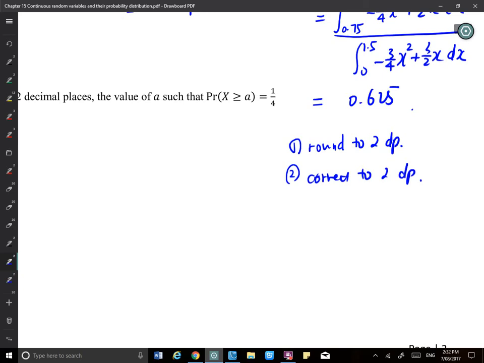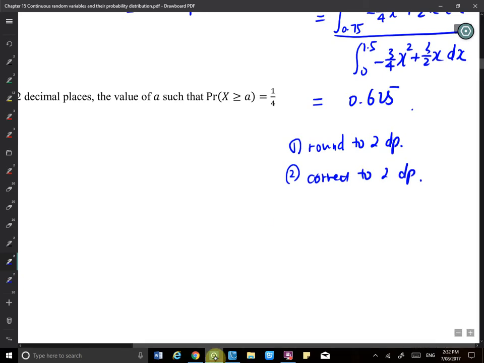But there is something called double rounding errors. For example, I have a number like that, correct to 2dp.